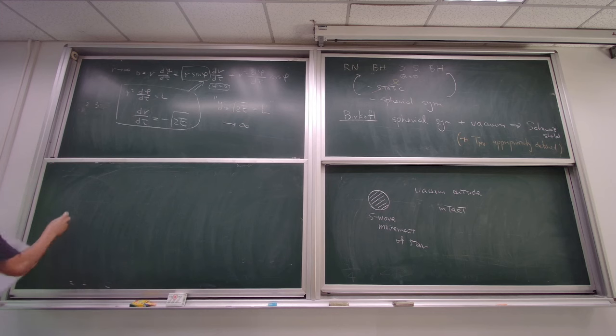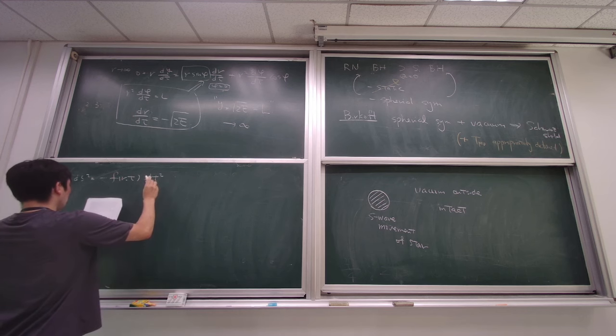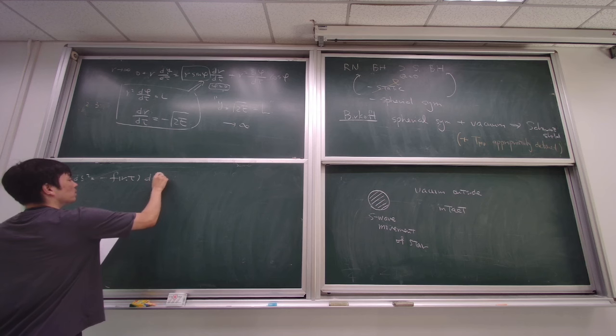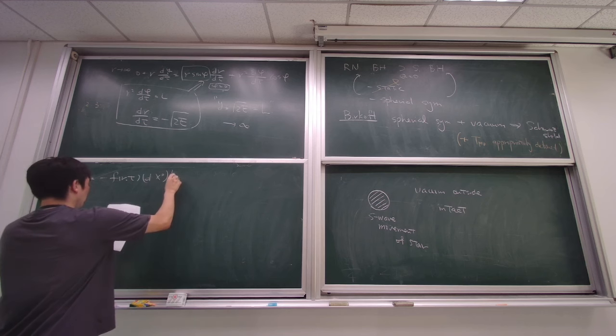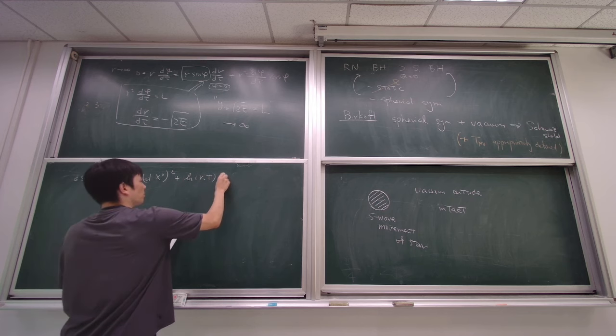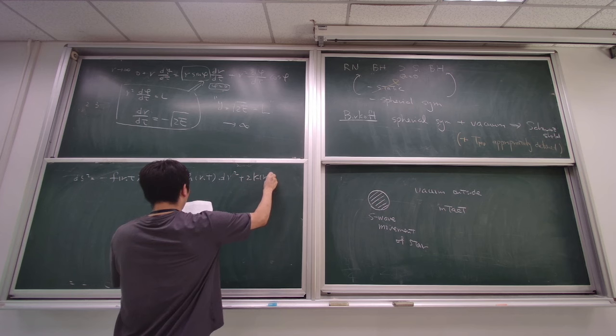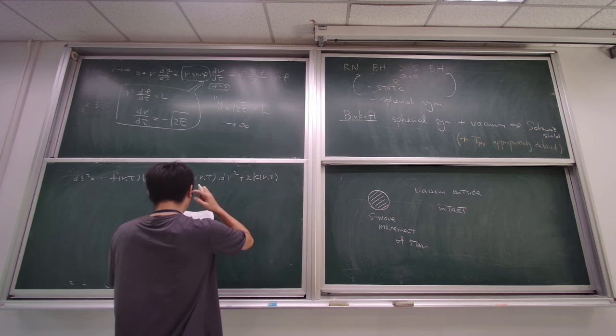To prove that, let's assume the metric is of the most general possible form with this assumption. Again, I write ds squared equals minus f dx0 squared plus h dr squared plus 2k dr dx0, plus r squared dOmega squared.